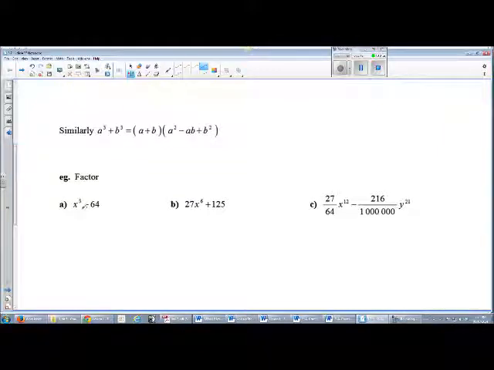So we start out with x cubed minus 64. Well, we'll take the cube root of x cubed, and that would be x. This is supposed to be a cube here. And then we'll take the cube root of 64, and that just equals 4.